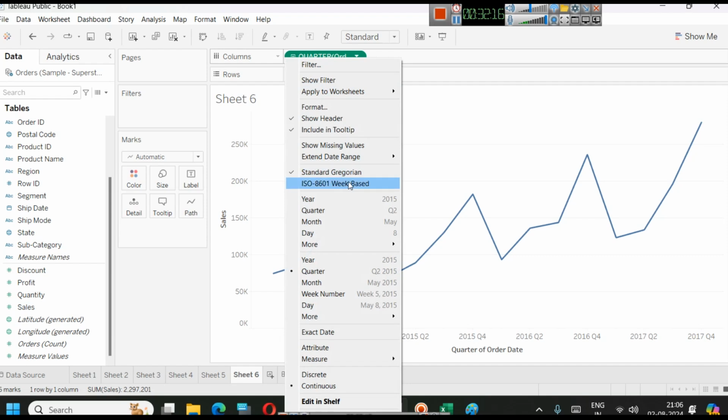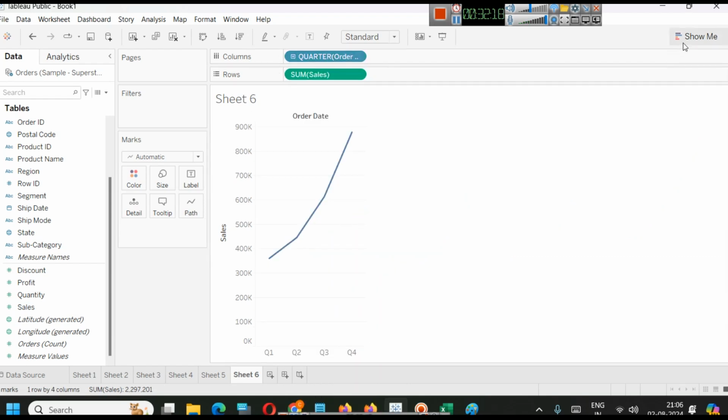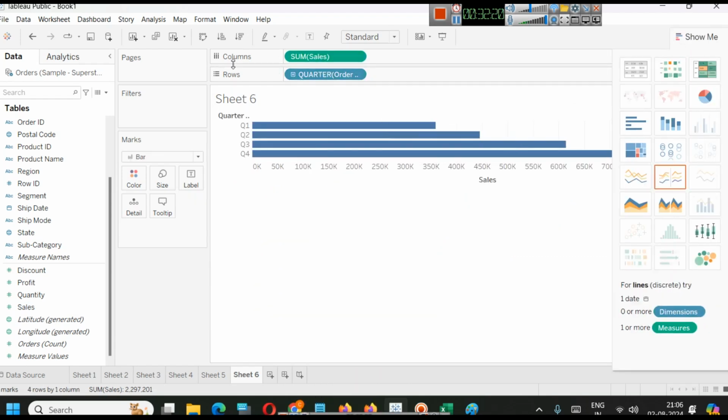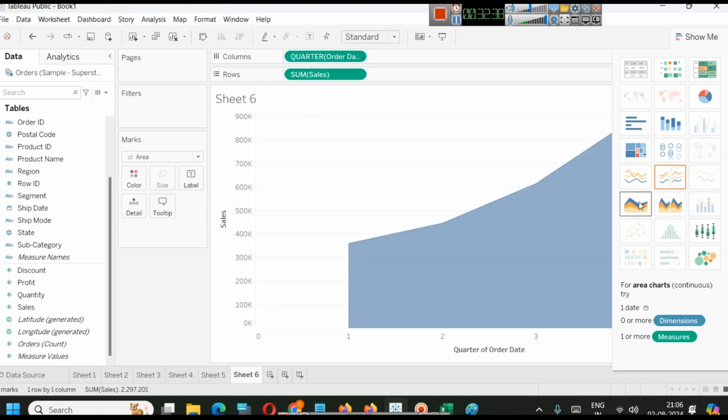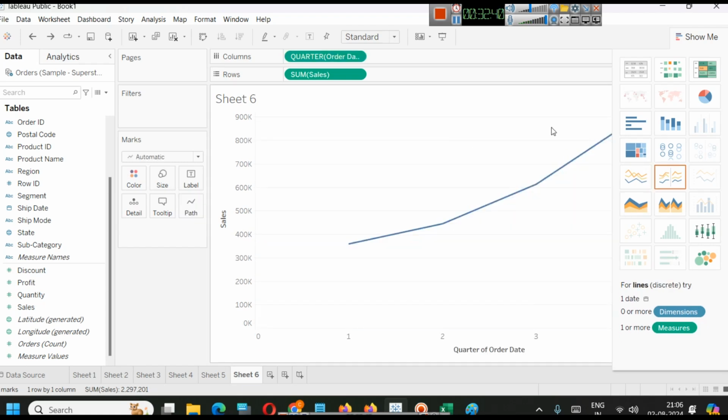If you are choosing it as a dimension, then for me a bar graph is better. So when it is blue, B for bar. I know it is not the best way to remember this, but you can do this. And even an area chart is very similar.